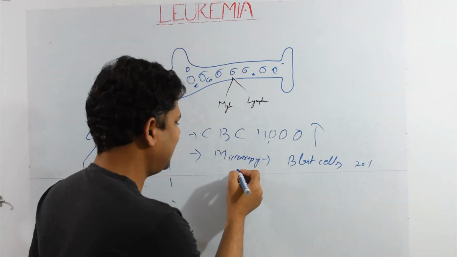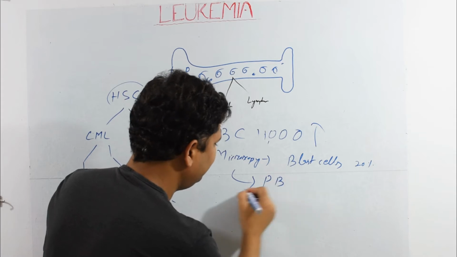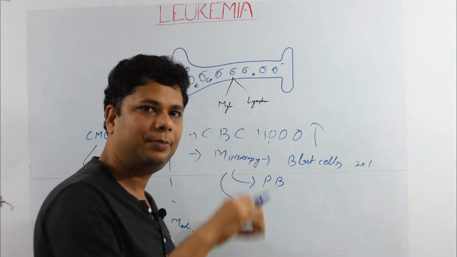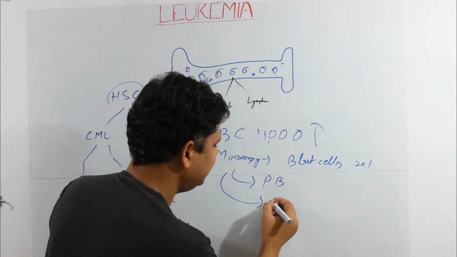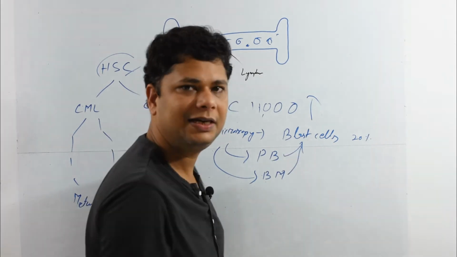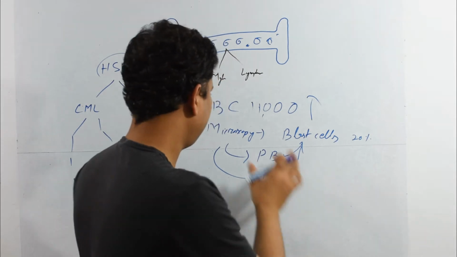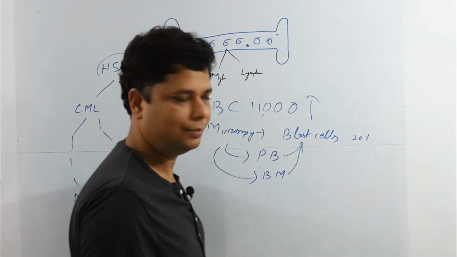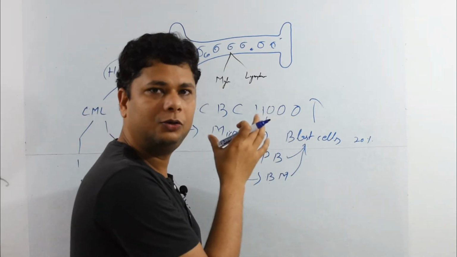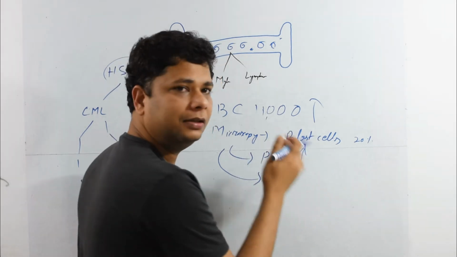Microscopy can be done on peripheral blood, or a biopsy can be taken from our bone marrow, with just a little puncture to take some cells from the bone marrow. In both cases, if the blast cells are increased by more than 20%, this is another test indicating that it may be leukemia. So when you find the blast cells increasing, it must be leukemia.